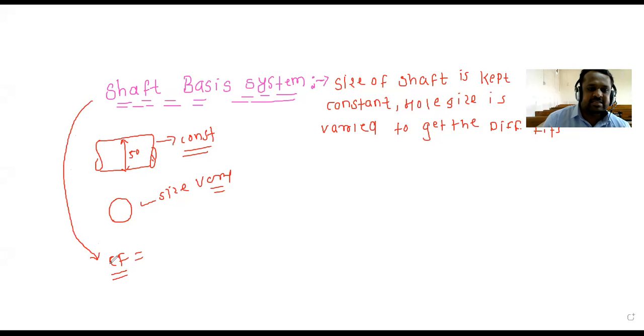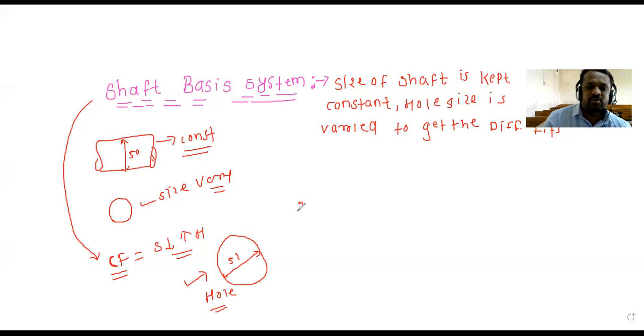Clearance fit indicates the shaft size should be smaller, hole size should be bigger. This point we know. So we have to drill a bigger hole. What size of hole? It should be 51, or above 50, so that it will provide the clearance fit. Here I have changed the size of hole only.